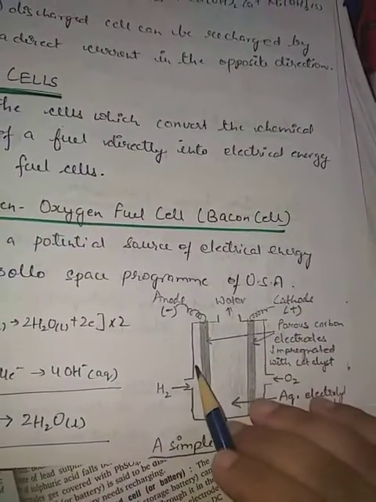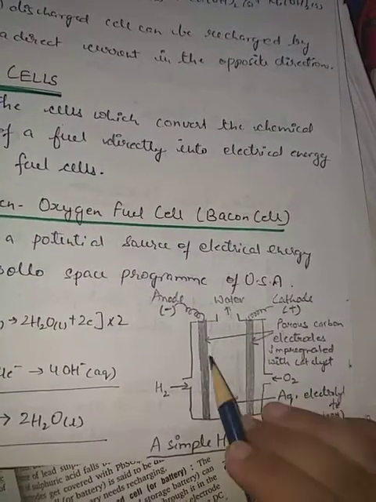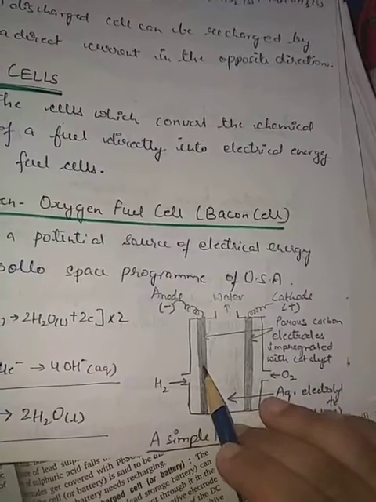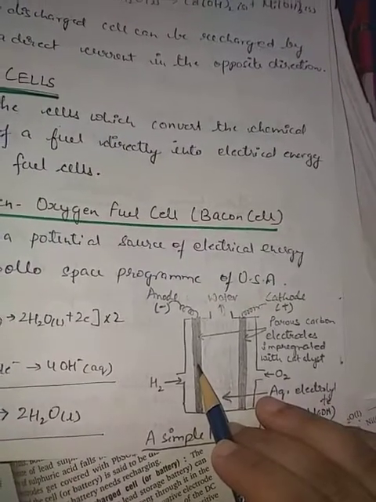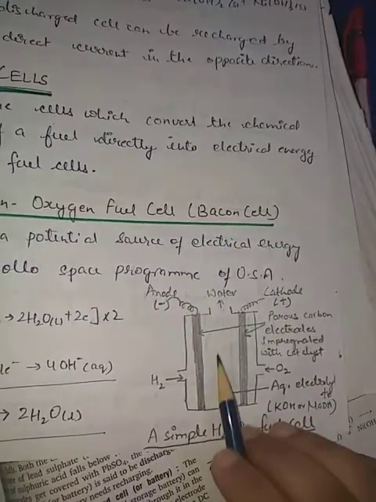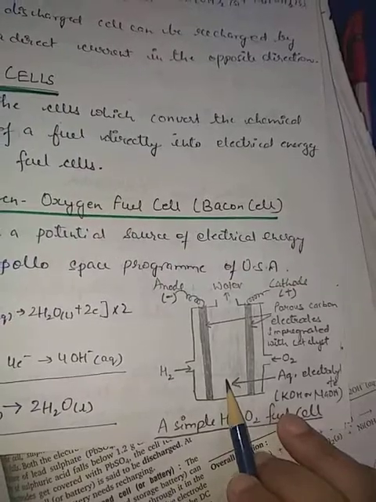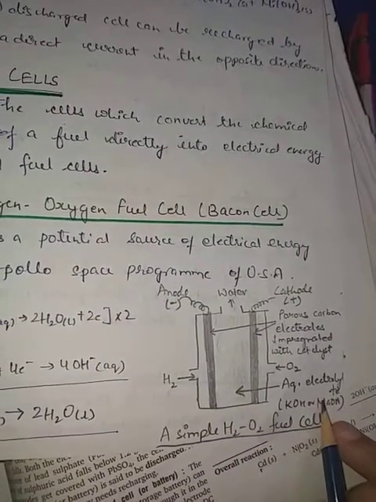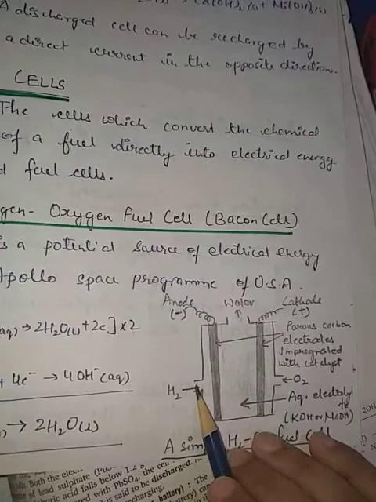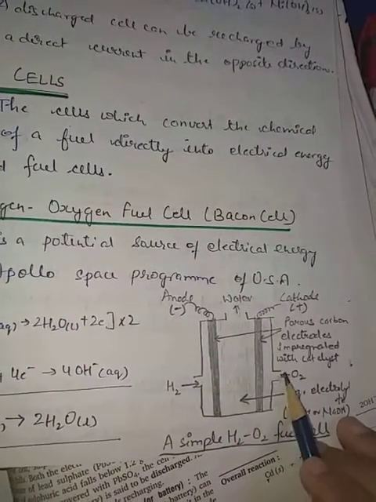See what is present here in this cell. These are the electrodes which are made of porous carbon, and here catalysts are present. Expensive catalysts like platinum, silver, and palladium are present here, and this center part is filled with an aqueous solution of KOH or NaOH. Hydrogen gas passes through this input point, and oxygen from here.